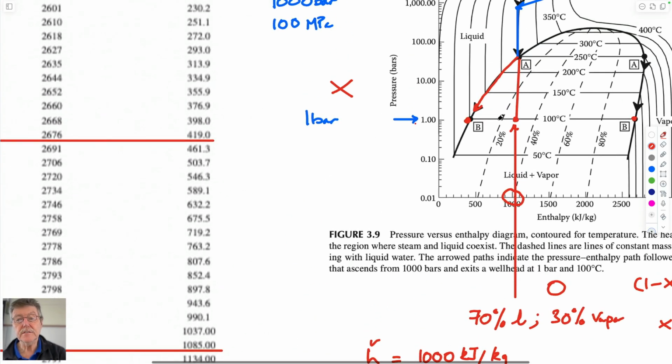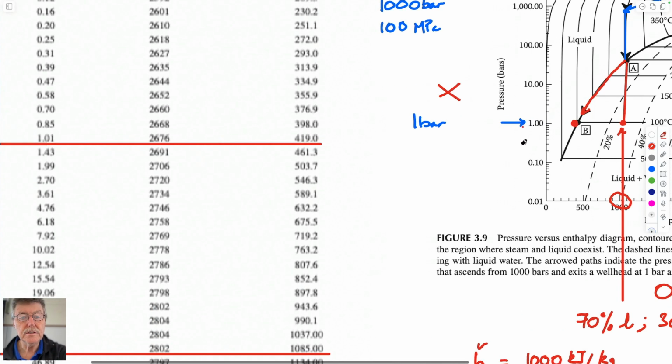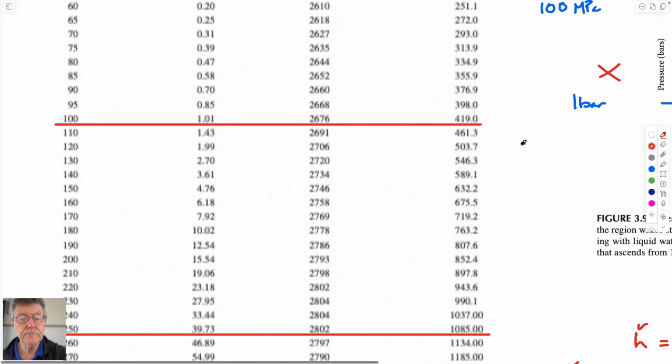That's done here because it's contoured in terms of those plots, but if you only knew this magnitude here of enthalpy, this magnitude here of enthalpy, and this magnitude here of enthalpy, which is given on this table here.